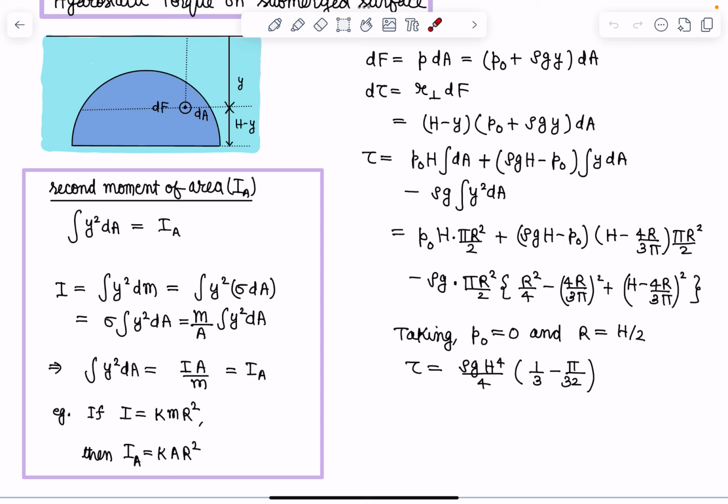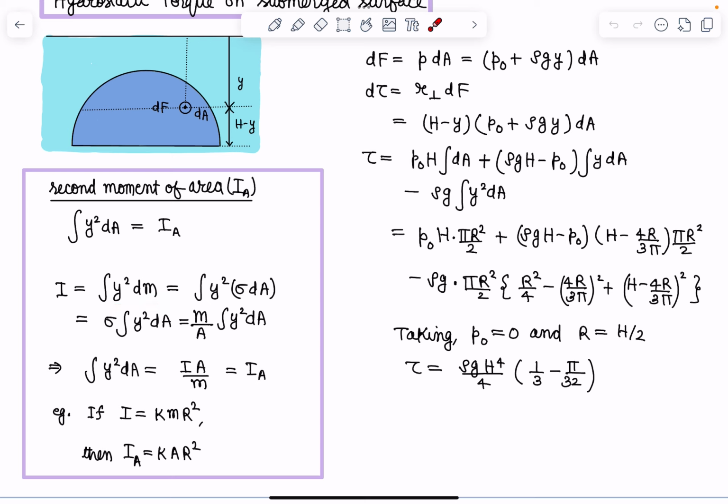For example, if we have a plane surface or planar lamina, how do I find the moment of inertia of it about a particular axis? Let's say I will be equal to the integral of y squared dm, where y would be the distance from a line or axis. So here y is taken from the free surface or the water line, that is y squared dm.